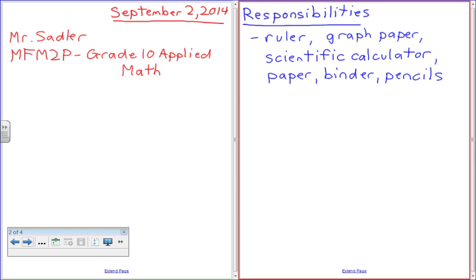Responsibilities. Second one, there will be some homework in this class. Most of it is what you don't finish up in class, though. I set an assignment each day to get your son or daughter's brain working when the class begins.